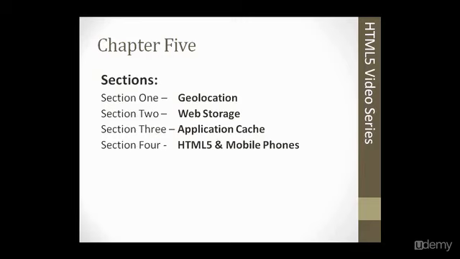If you wanted to put a welcome message like "Welcome, Bob" at the top of the website, it could get the user's name and then display it. And then we're going to learn about application cache, which is all about offline-able pages, so we can cache our pages so that people can access them even without an internet connection.